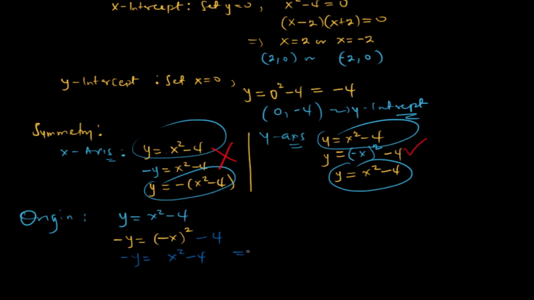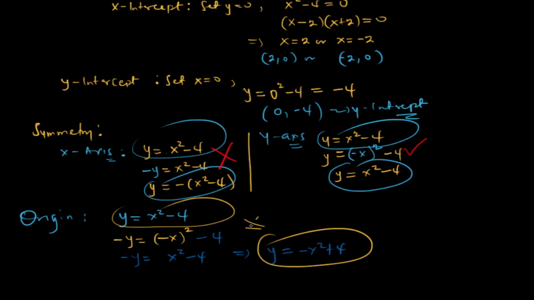Multiplying both sides by negative 1, we have y equals negative x squared plus 4. So what we have here and what we have here are not equal to each other at all. Since they are not equal, that implies that the equation is not symmetric with respect to the origin. So it's only the y-axis that passes the test.